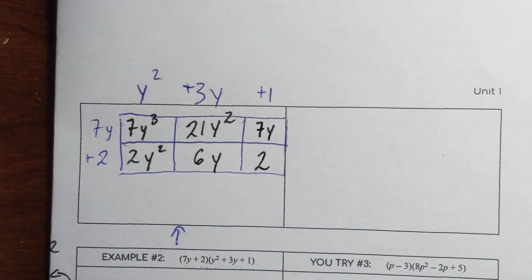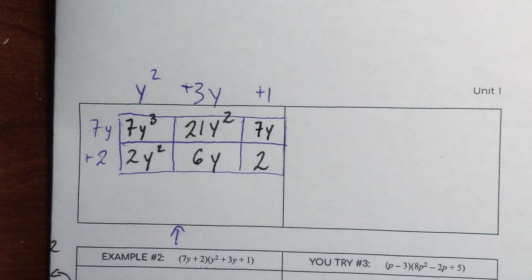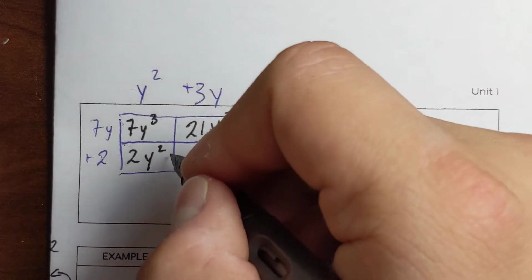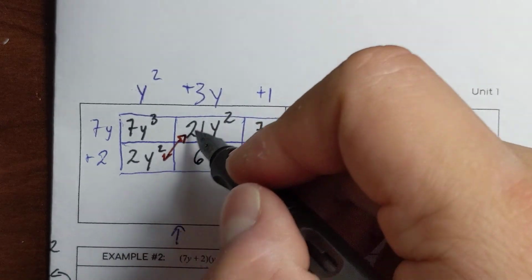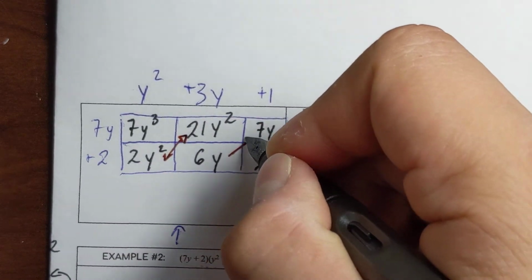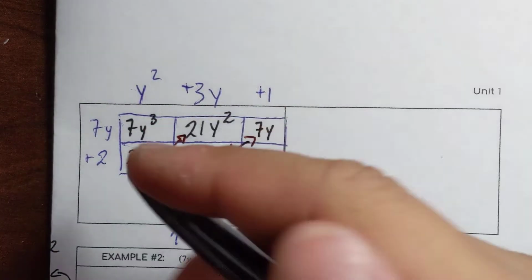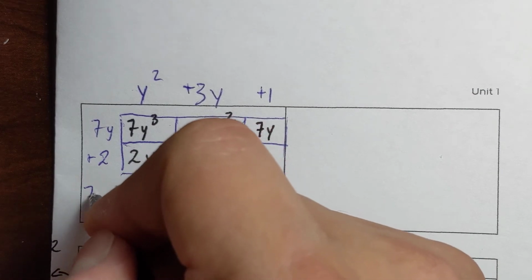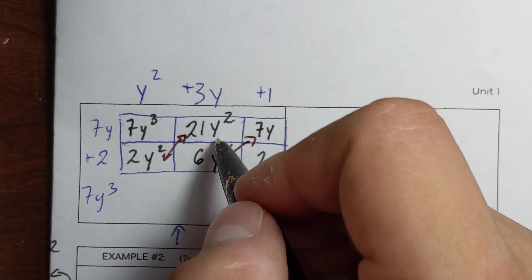Here's how the box method really shines in this case. As I said before, the diagonal line, you can combine them. So now these two, you can combine like terms. These two, you can do those. What's left out will be the 7y cubed. 2y squared, 21y squared.